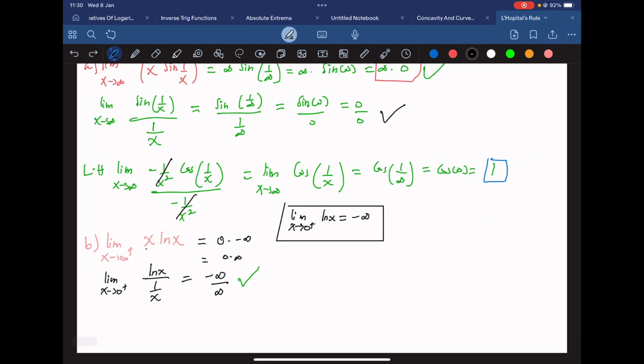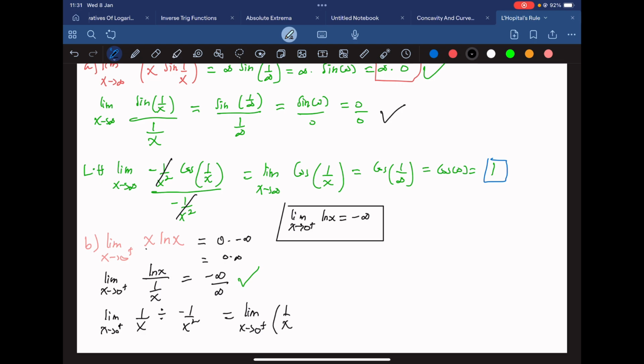So for L'Hopital, remember we differentiate numerators and denominators. If we differentiate ln of x, we're going to end up having 1 over x. Let me do division here. Now if we differentiate 1 over x, as we established, we have negative 1 over x squared. So this is the same as writing the limit as x approaches 0 from the right. Now we have 1 over x.